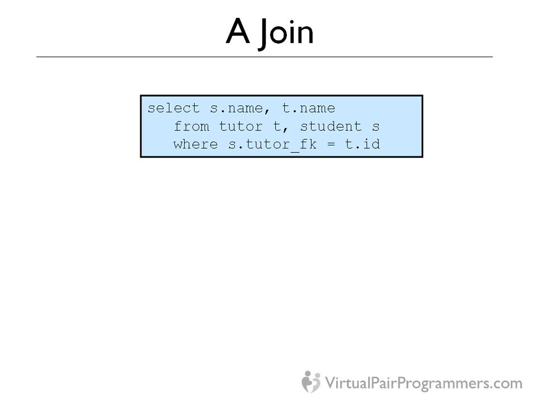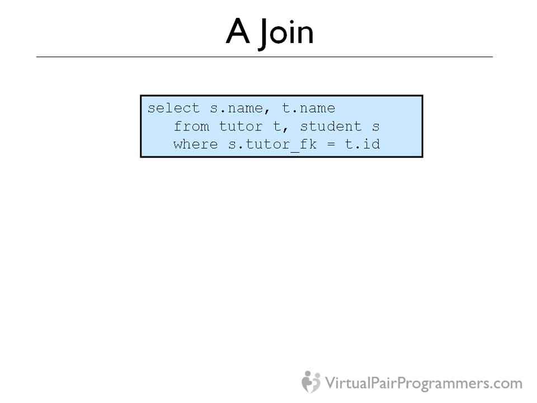Now, the first thing to realize is that I want the names of the students, but I also want the names of the tutors. Now, both of those columns are called name. So what I need to do is to tell the database that I'm actually working with two different tables, tutor and student. And the way we do that is as follows.